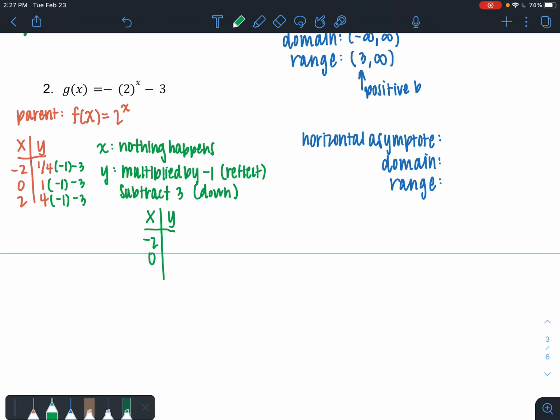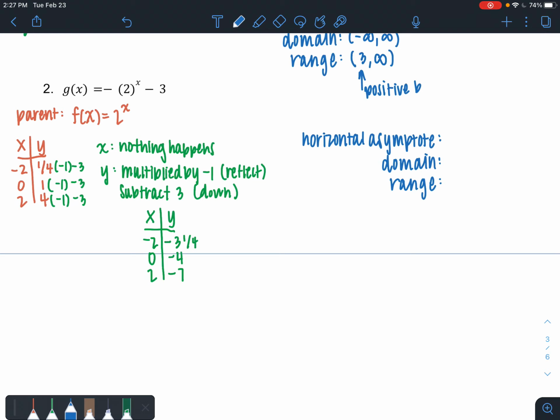So our x values stay the same, but our y values are going to be -3 1/4, -4, and -7.